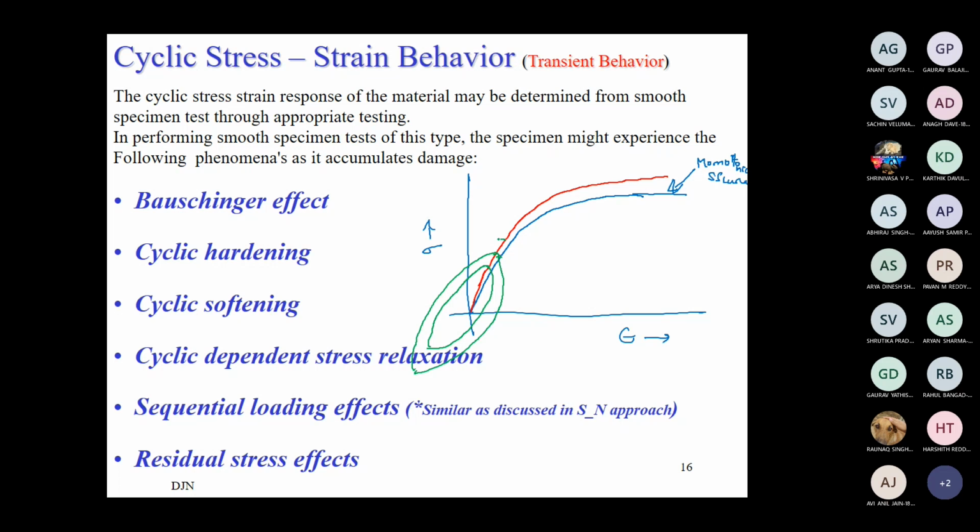We have to connect the tips of these hysteresis loops to obtain the CSSC, cyclic stress strain diagram. Like this, by connecting the tips of the hysteresis loops, let us say the red line is your CSSC curve, cyclic stress strain diagram curve. Throughout all the places we have to connect it. I am not drawing everything here.